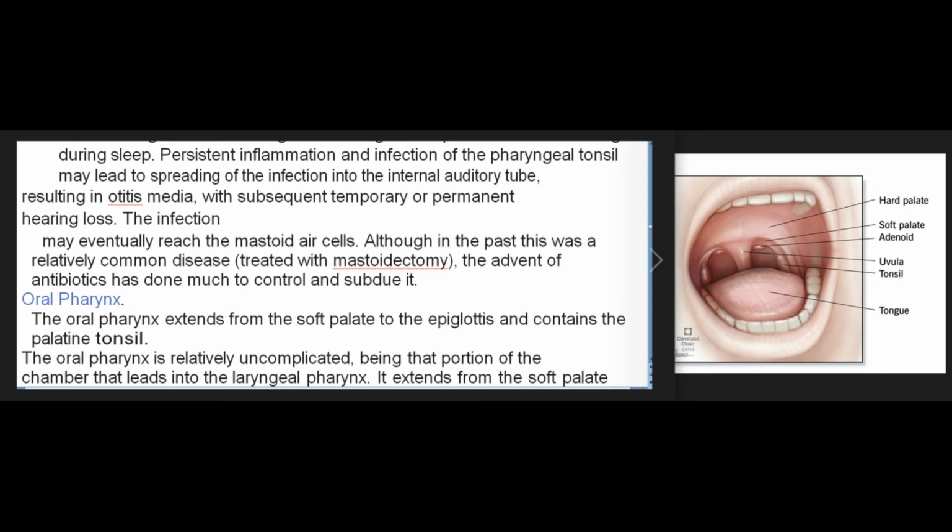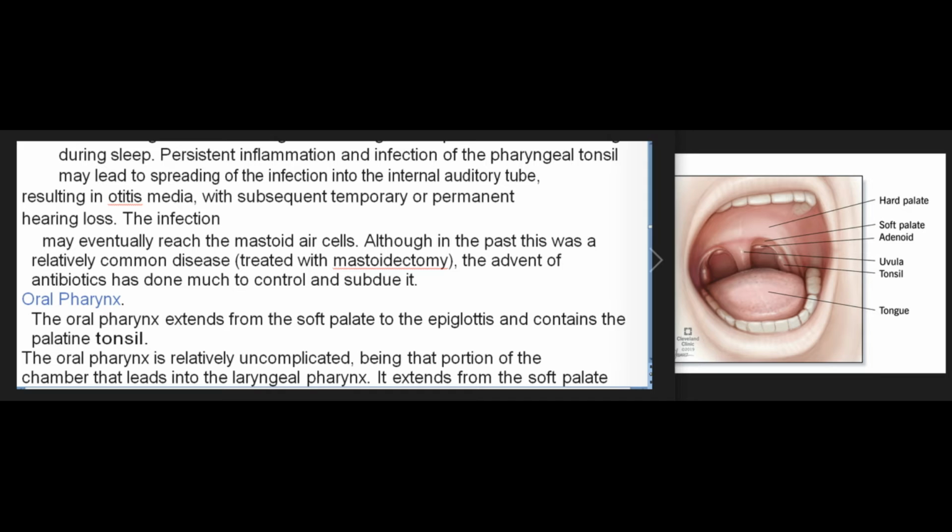Persistent inflammation and infection of the pharyngeal tonsil may lead to spreading of the infection into the auditory tube, resulting in otitis media, with subsequent temporary or permanent hearing loss. The infection may eventually reach the mastoid air cells. Although in the past this was a relatively common disease, treated with mastoidectomy, the advent of antibiotics has done much to control and subdue it.